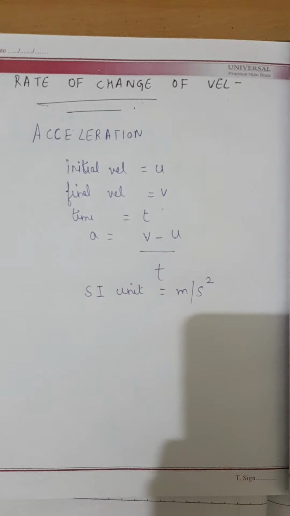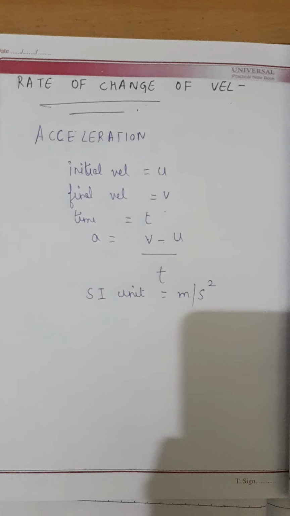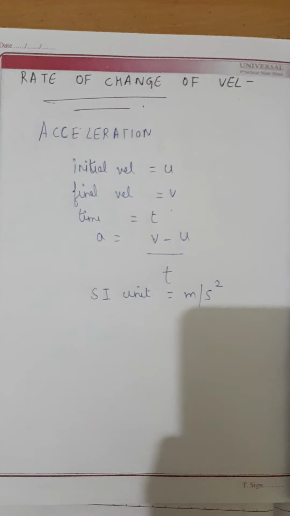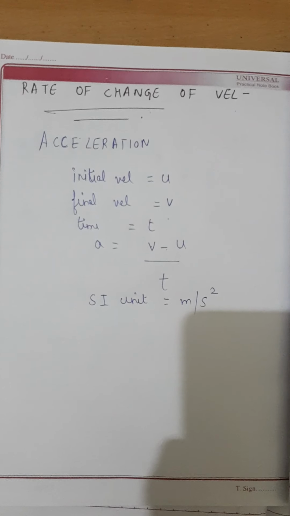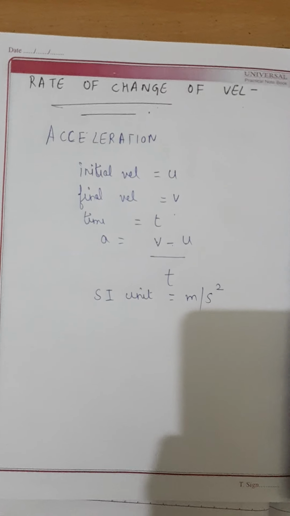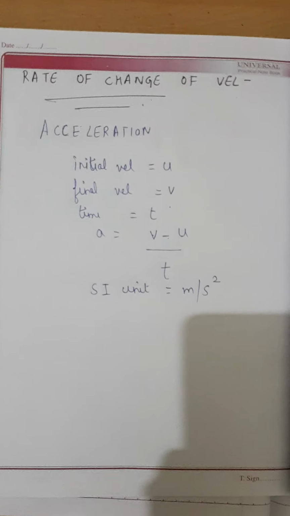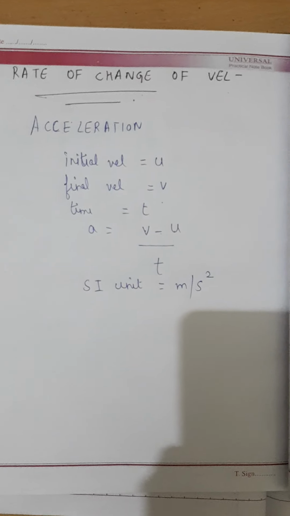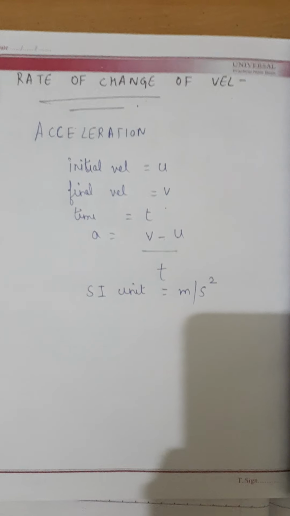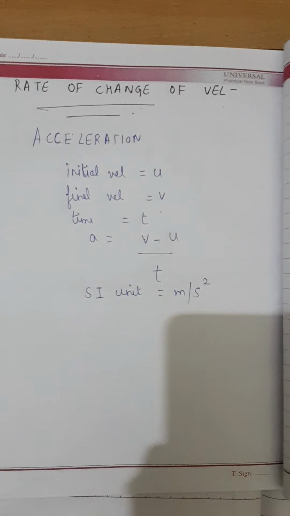When the velocity is decreasing, that case is known as deceleration, or the case of retardation. Therefore, acceleration can be positive and negative. Also, acceleration is a vector quantity.